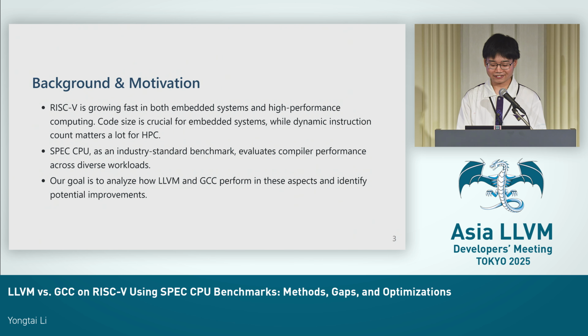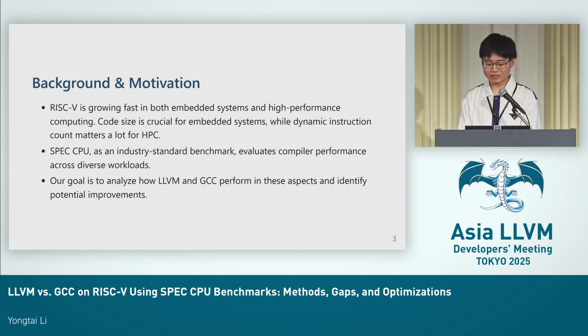Okay. Now let's see the background. RISC-V is growing fast in both embedded systems and high-performance computing. For embedded systems, code size is critically important. Those systems operate under considerable resource constraints, where smaller code size usually means less resource use.